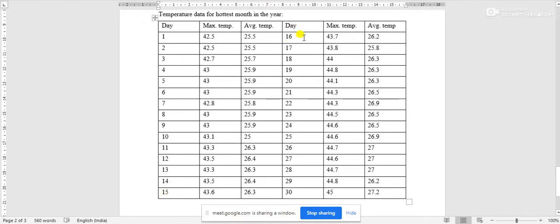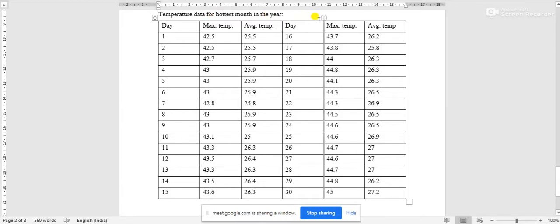After day 15 there will be day 16, but due to the size of the table, we can write this data beside the average temperature column. This is actually the data for a month. Which month? For a specific month, that is the hottest month in the year.